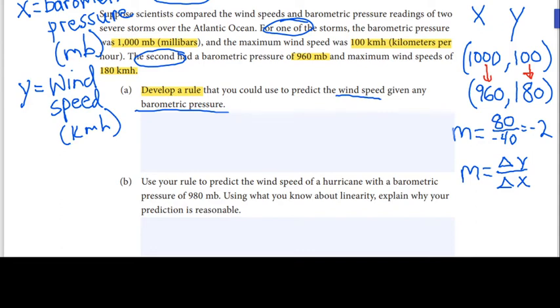Okay? Now, from what we did earlier, we talked about in lesson 1.12 and 1.13, we know this formula, and this formula is the point slope formula.